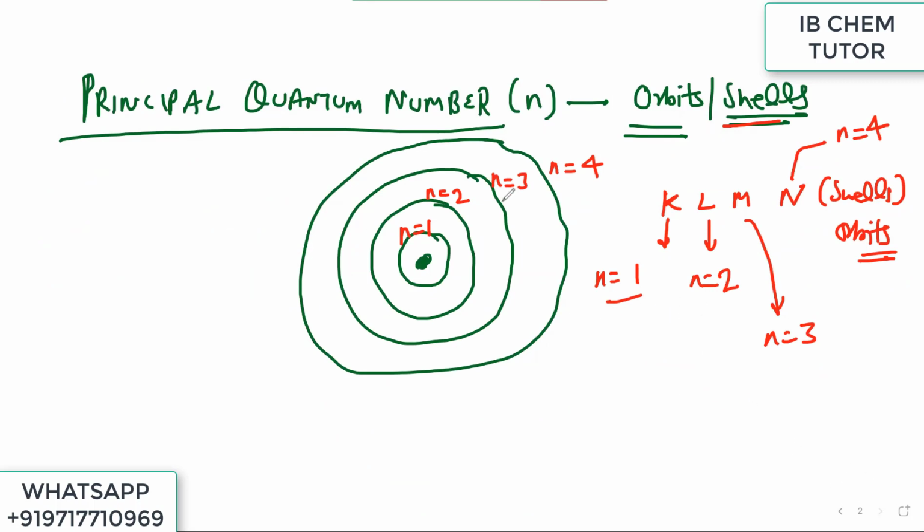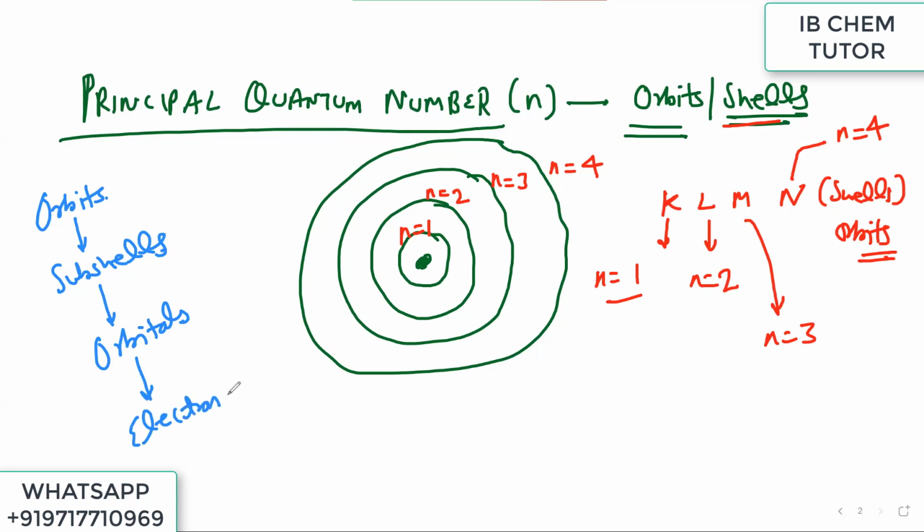After this, before going further, I would like to tell you that in the orbits, we have subshells. Inside the subshell, we have orbitals. And then in the orbitals, we have electrons.